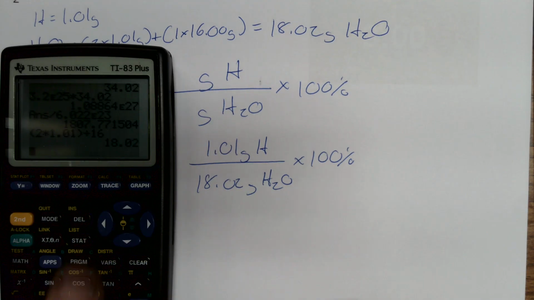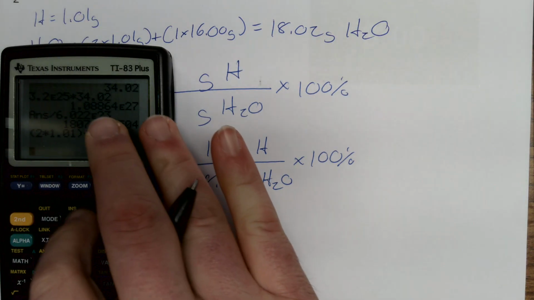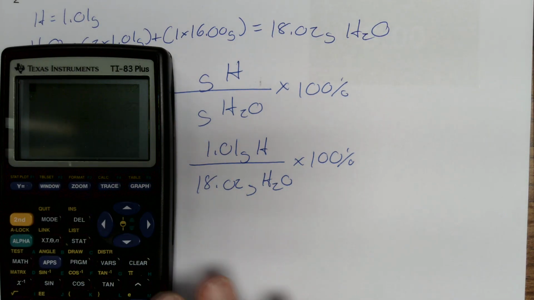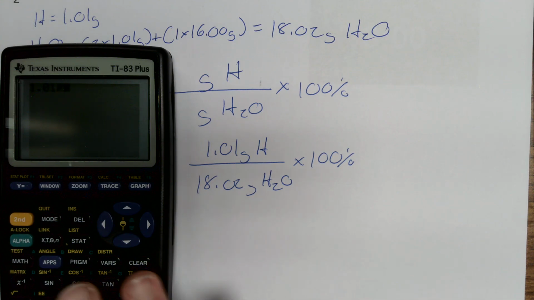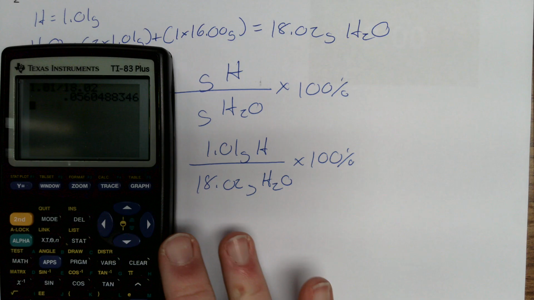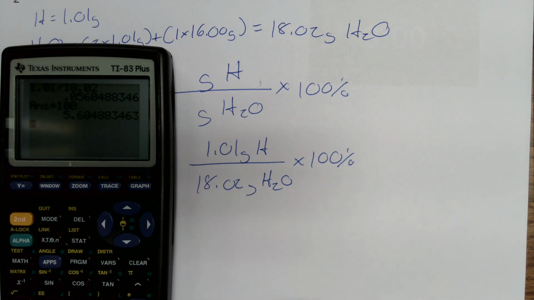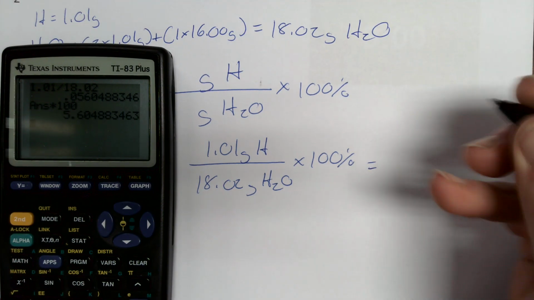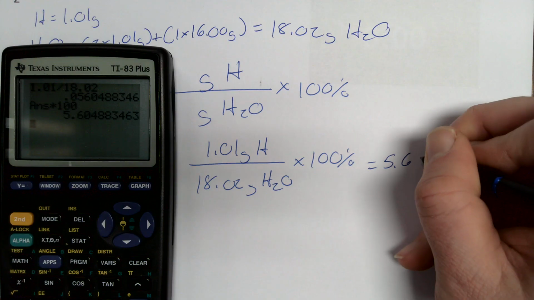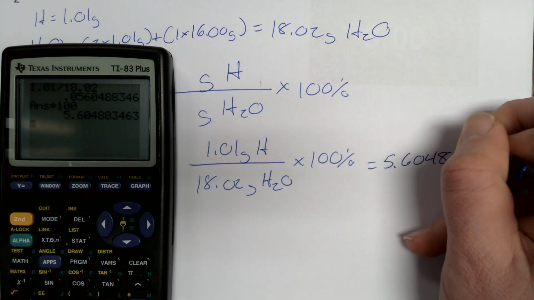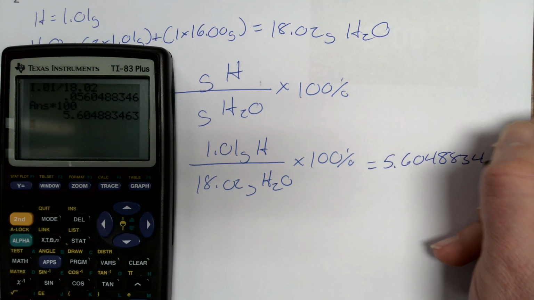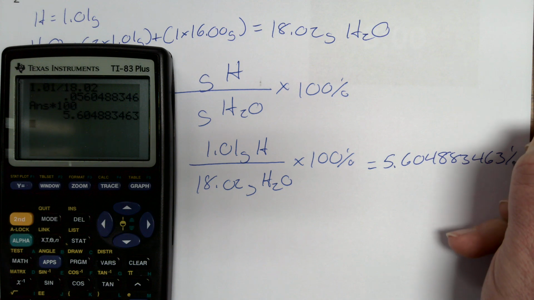So take my handy dandy calculator. Clear that out. 1.01 divided by 18.02 times 100% gives me 5.604883463%.